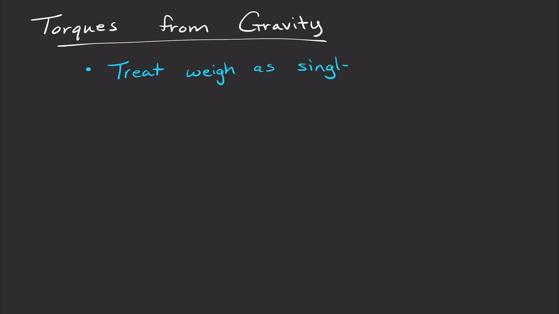Even though there's a force from the Earth pulling on every single particle in a rigid body, we want to replace all of those with a single force, the total weight, acting at the center of mass of that rigid body.